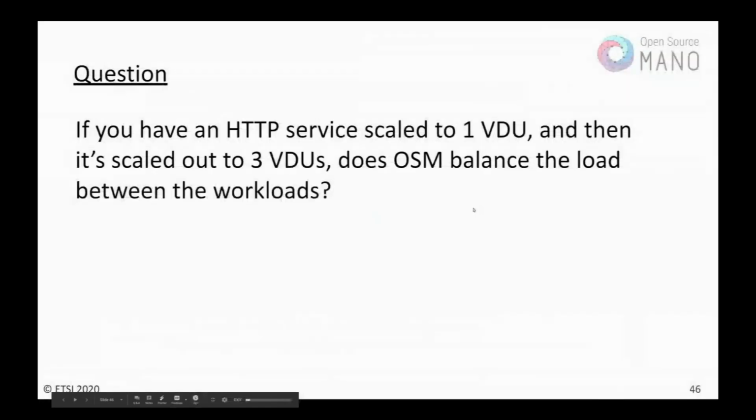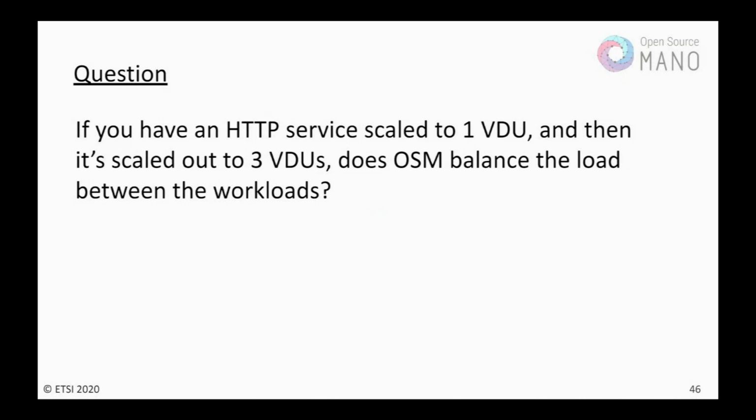Okay. So the question that this person is asking is, if you have an HTTP server service scaled to 1 VDU, and then it's scaled out to 3 VDUs, does OSM balance the work or the load between all the workloads?